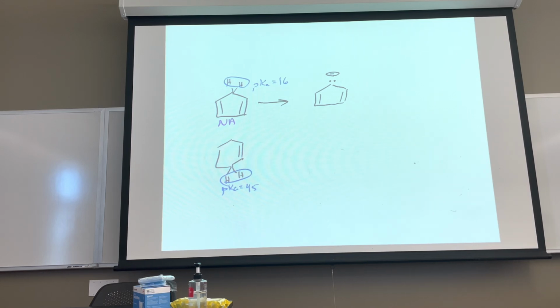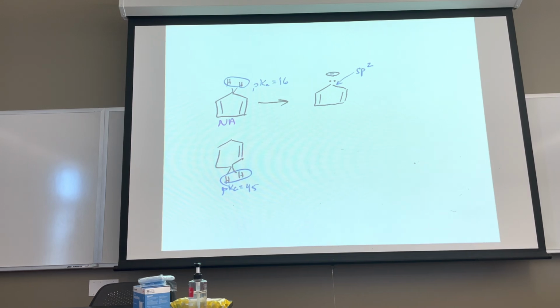So the fact that this fails that second criterion makes this a non-aromatic compound. Now let's go over to the product side. If we go over to the product side, does everybody remember what we talked about here? That lone pair containing carbon would be sp2 hybridized.